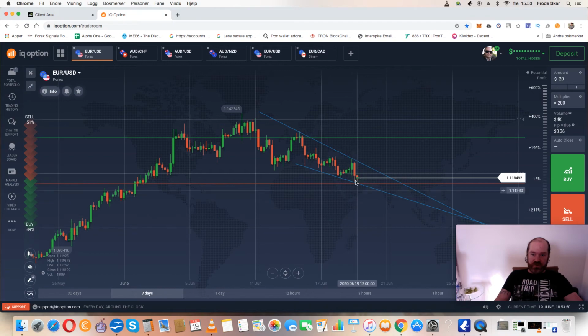Okay, so in this case, we go like this and we cross above here and the bar closes above this line, then we set a stop loss in this region, because that means we will change the trend. We are done with this downtrend here, right?